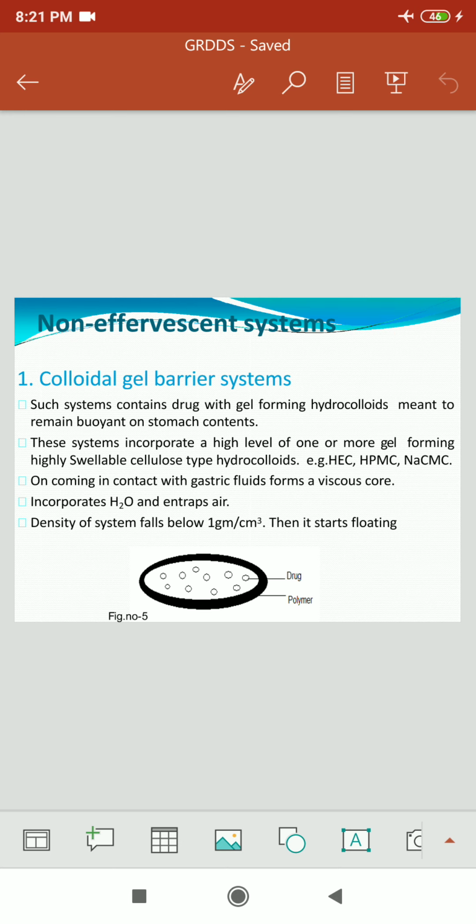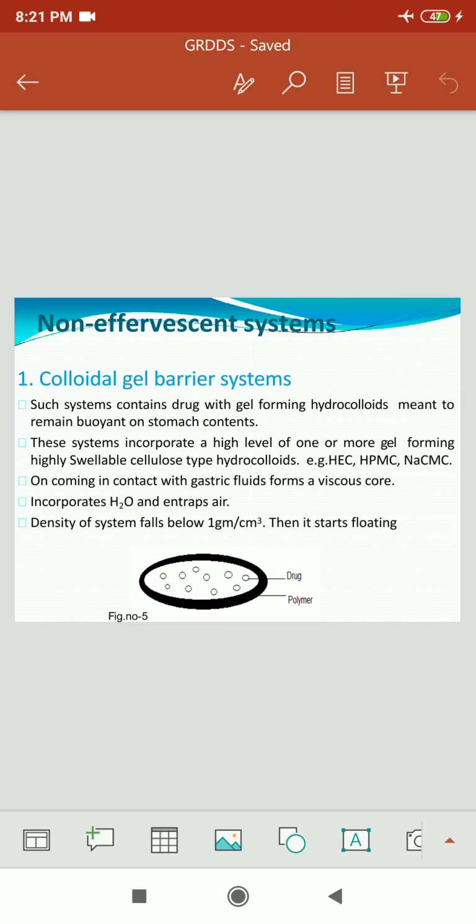Non-effervescent system. Here a colloidal gel barrier is used, in which the drug is incorporated with a forming hydrocolloid, and it remains buoyant on the stomach content. Buoyancy depends on the floating of the colloidal gel barrier.